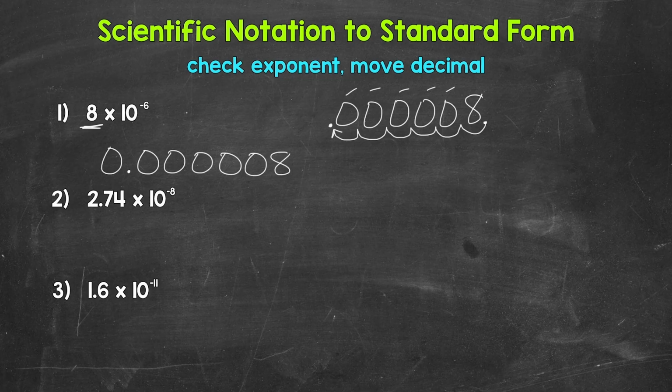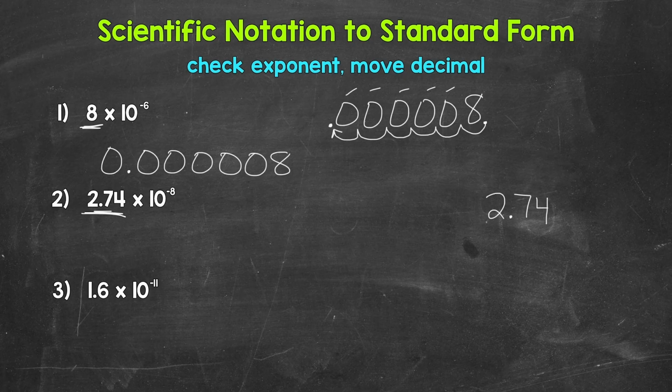Let's move on to number 2, where we have 2.74 times 10 to the negative 8th power. Let's start by writing 2.74 off to the side here. And then taking a look at the exponent, we have negative 8. Since we have a negative exponent, that tells us we have a small number here.